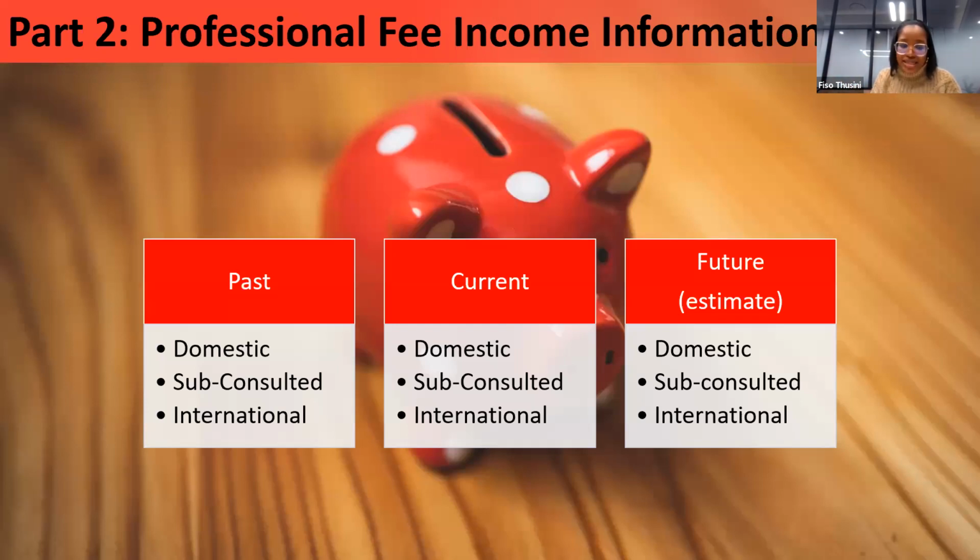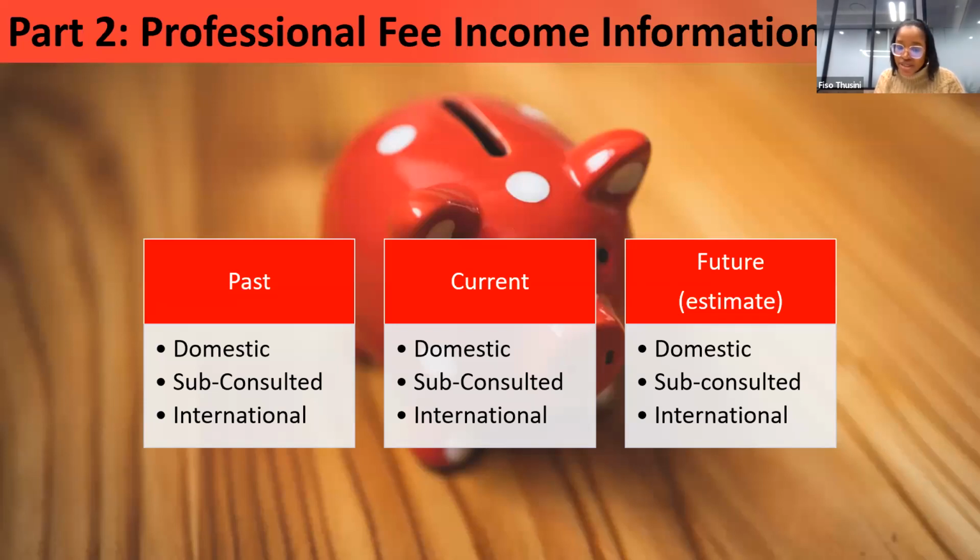So we do look at exactly how the split is, because if the company is focused only on work outside of South Africa, that means that we would be spending our efforts defending that client outside of South Africa. So this is very important that it's accurately split so that we understand where the risk lies.